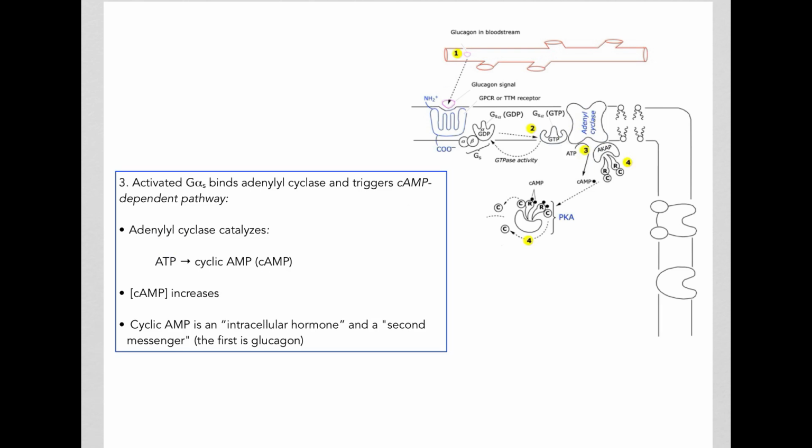So this means the concentration of cyclic AMP gradually increases in the cell. Now cyclic AMP is a second messenger, it's sort of an intracellular hormone. Of course, the first messenger is the signal, in this case glucagon.